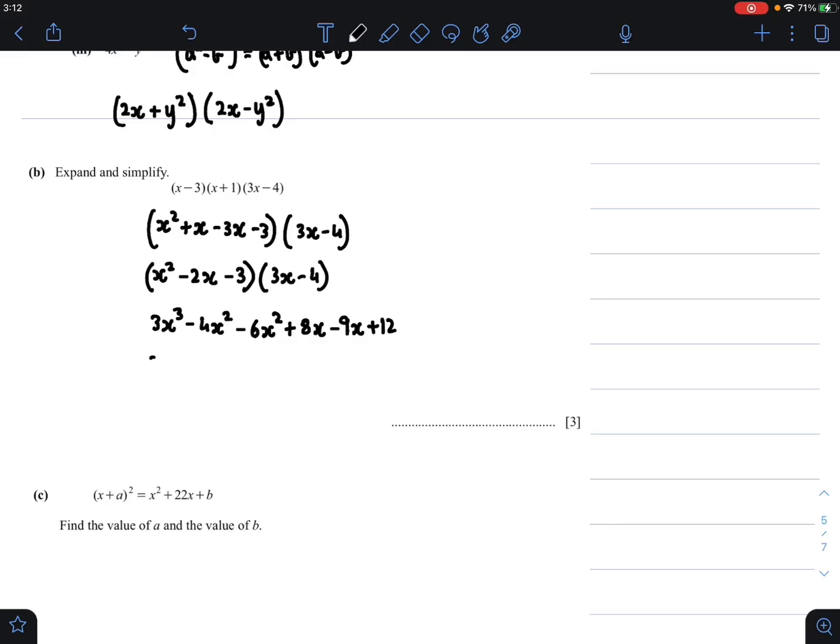So we can simplify this to 3x cube, and minus 4x square minus 6x square is equal to minus 10x square, and plus 8x minus 9x is equal to negative x, and plus 12 comes as it is because there's no other number.